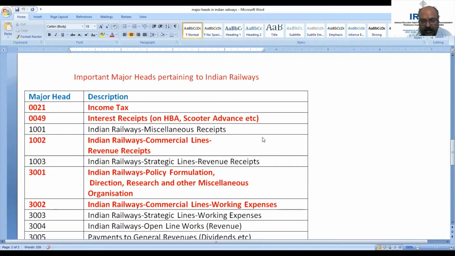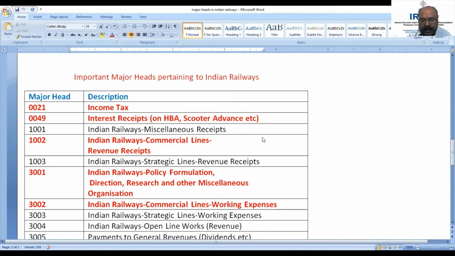It is 1001. And 1002 is the Indian Railways commercial line revenue receipts, because our railway structure is broadly divided into commercial lines and strategic lines. Both have separate major heads for receipts and expenditure. So for commercial lines revenue receipts, it is 1002.